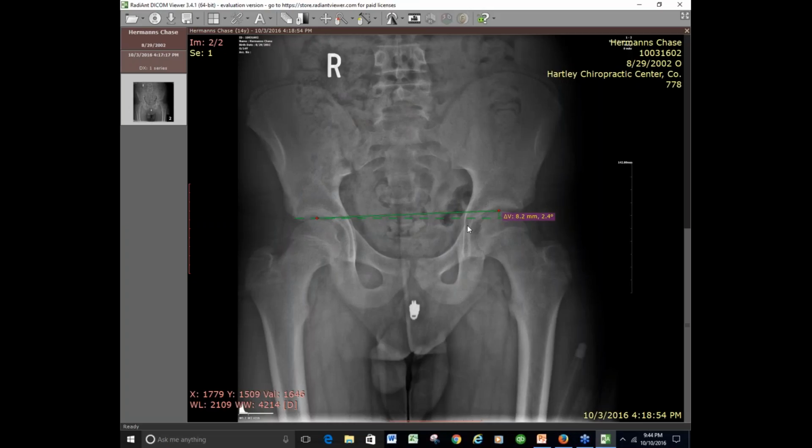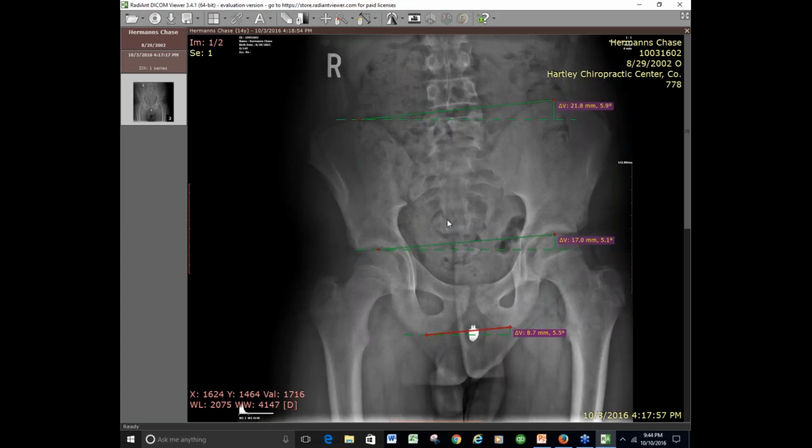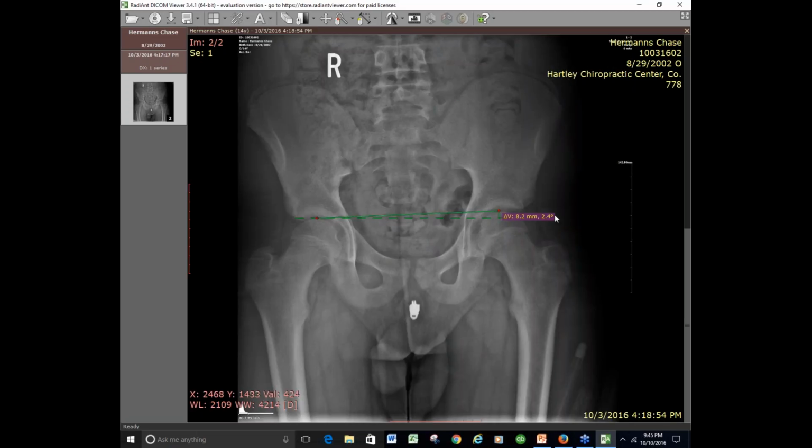So even though this picture says he has a 17 millimeter inequality, it's actually blowing that up. It'll make it look larger than it really is. He's actually much closer to about a 14 millimeter inequality, and again, because the beam is so close, I would even double check that. So we're not going to use them for a lot of our x-rays.